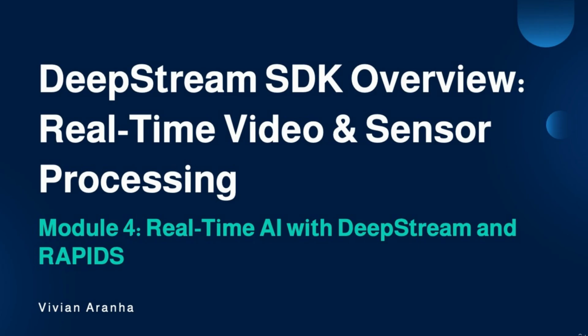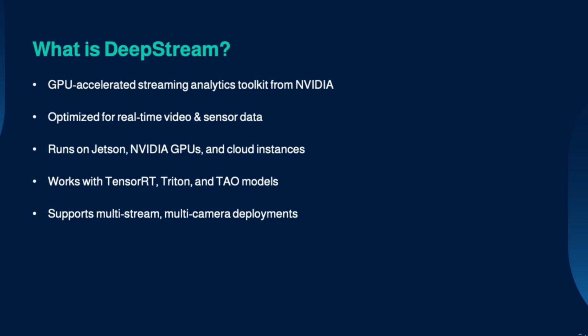In this lesson, we'll unpack what DeepStream is, how it works, and why it's the backbone for edge-to-cloud video analytics. DeepStream is NVIDIA's end-to-end framework for processing high-volume video and sensor streams with AI. It uses GPU acceleration to decode, process, and analyze streams in real time.